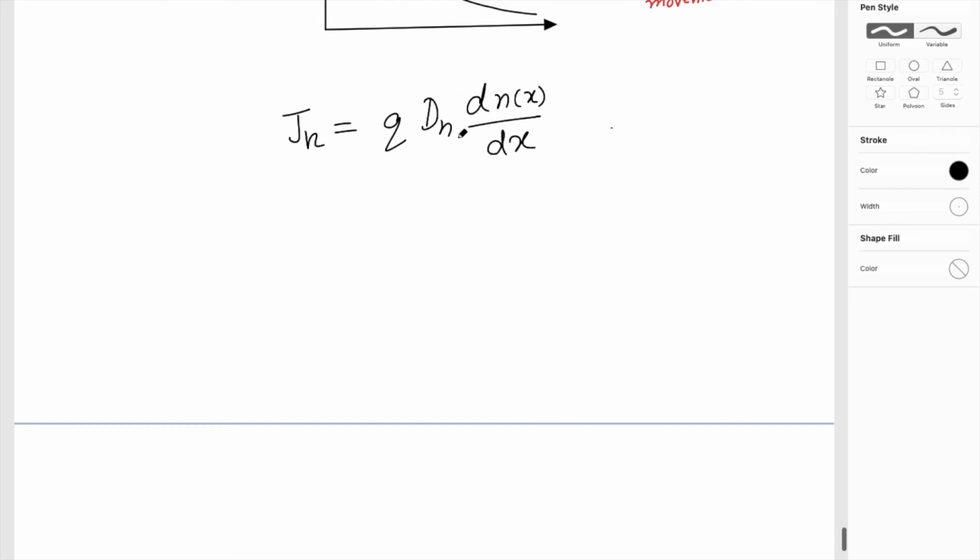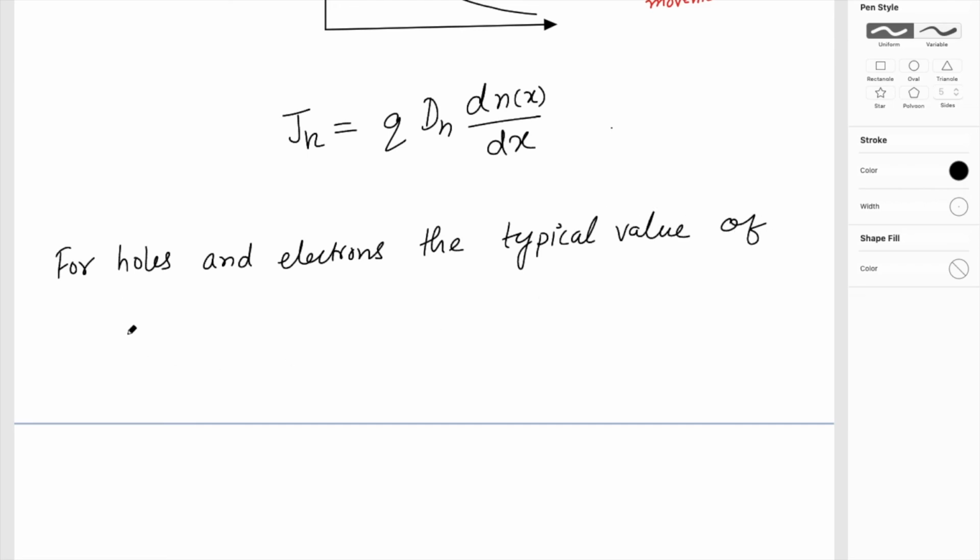And here we can get the typical value of this Dn for silicon. So for the holes and the electrons, the typical value of the diffusion constant is Dp equal to 12 centimeter square per second.